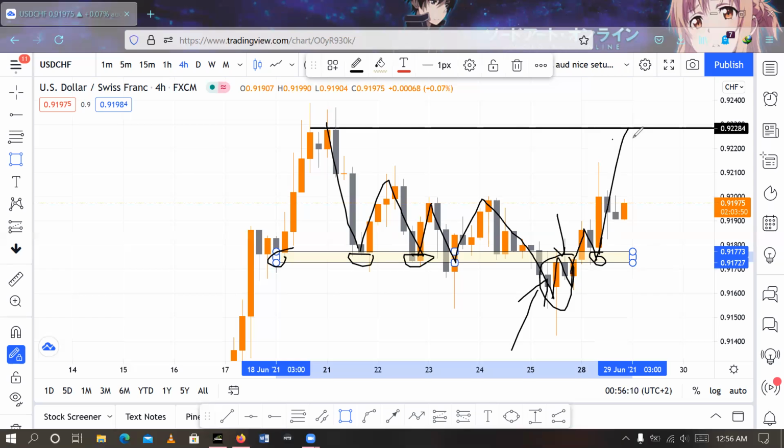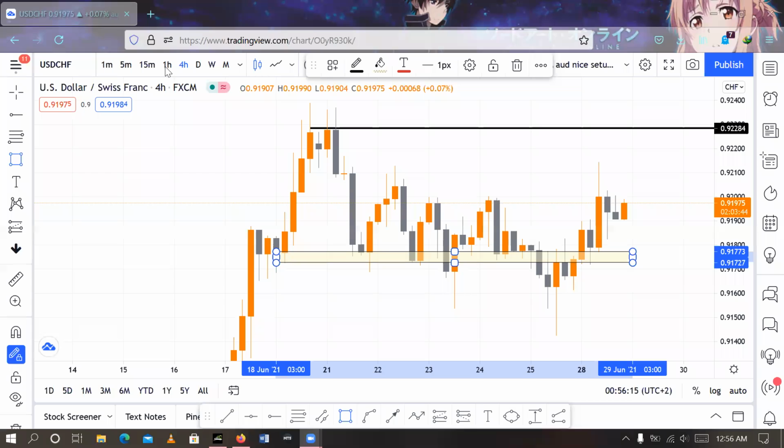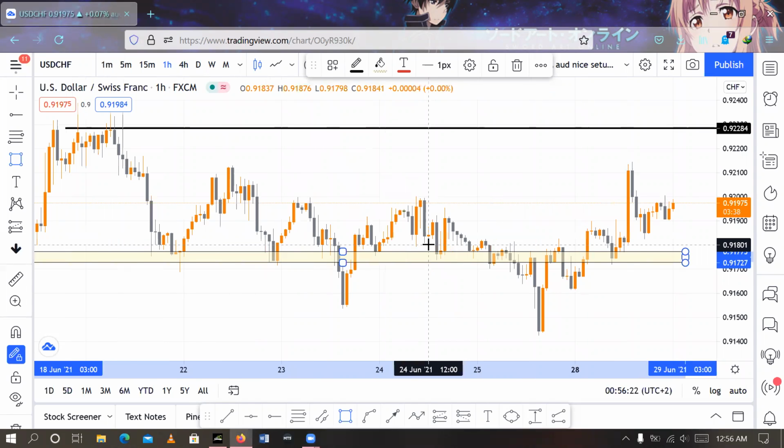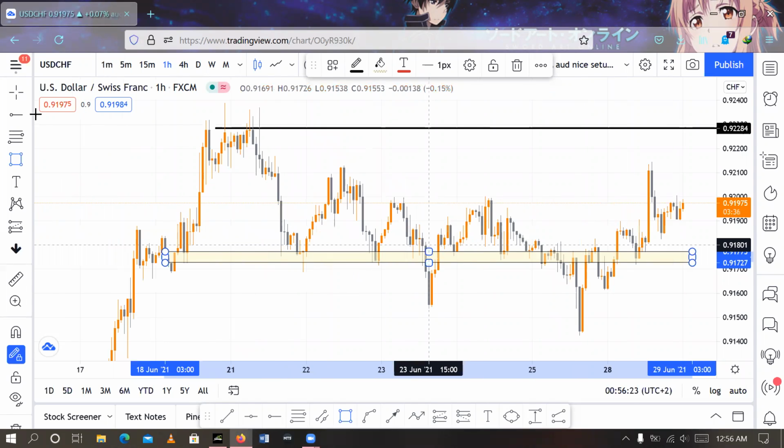Now, moving down to the 1 hour time frame, we're going to check the trading opportunities which were present in the market, right?